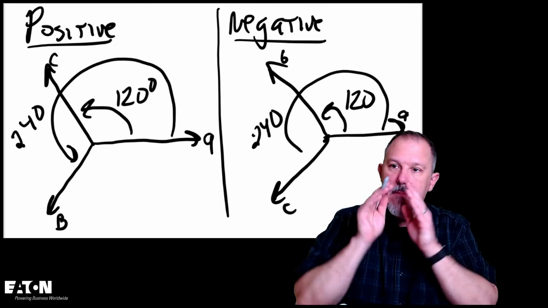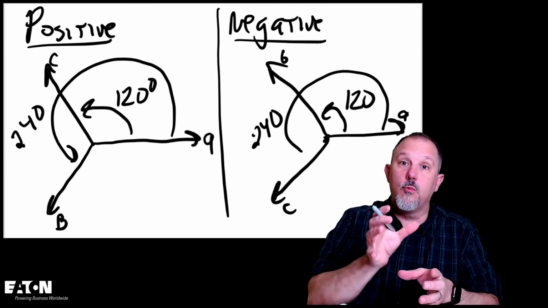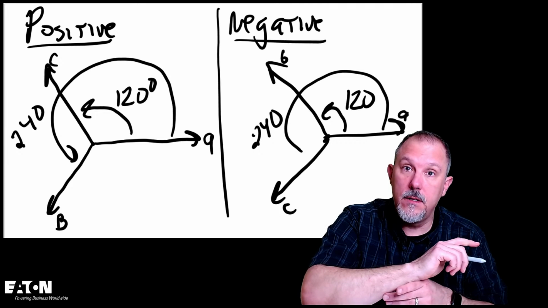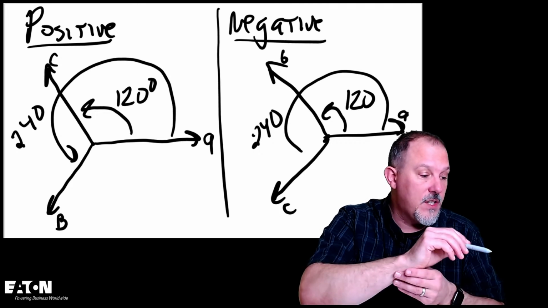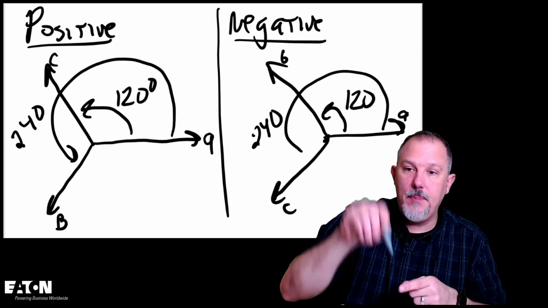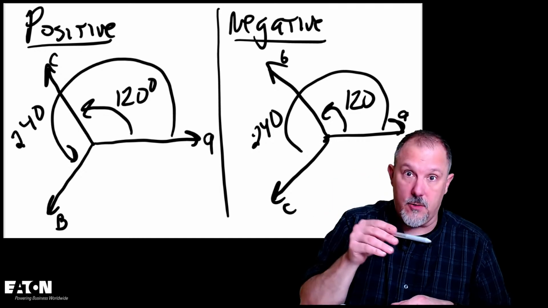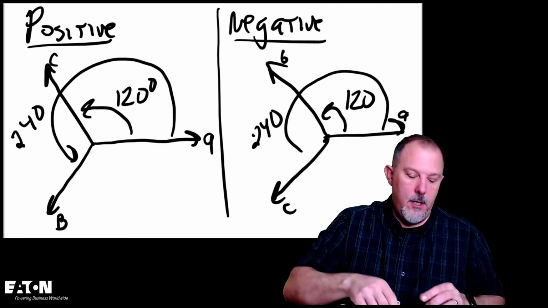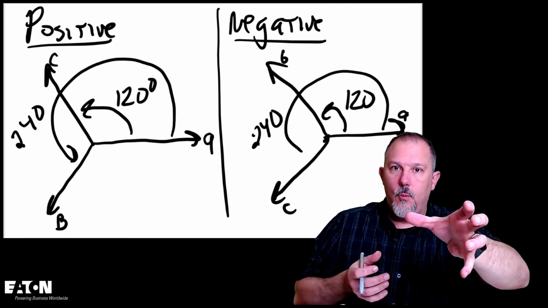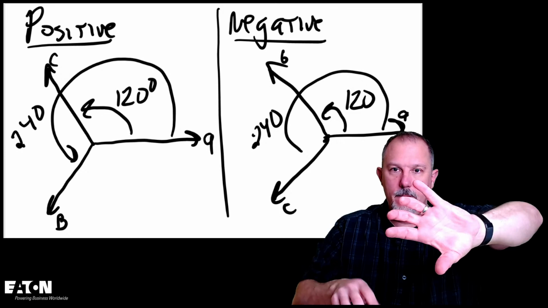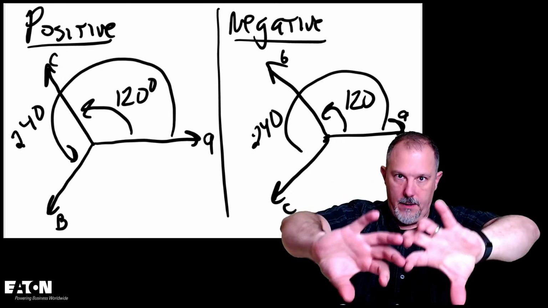But be mindful that the rotation is different. Positive sequence is ABC clockwise. Negative sequence is ACB clockwise. So you have one sequence going this way and the other sequence going the other way.